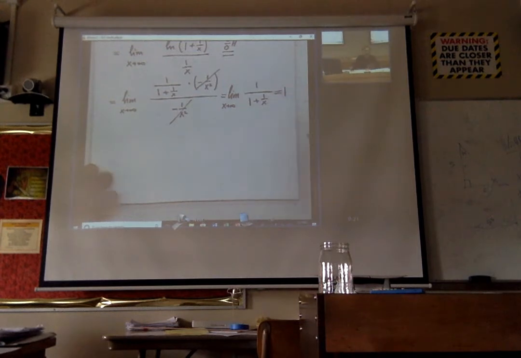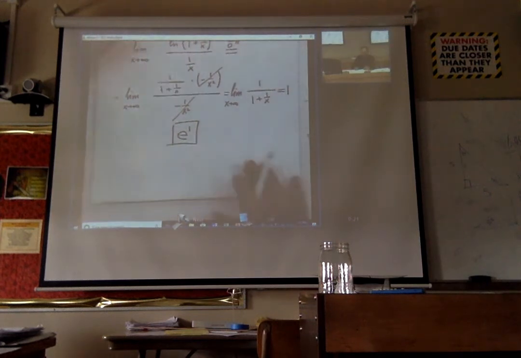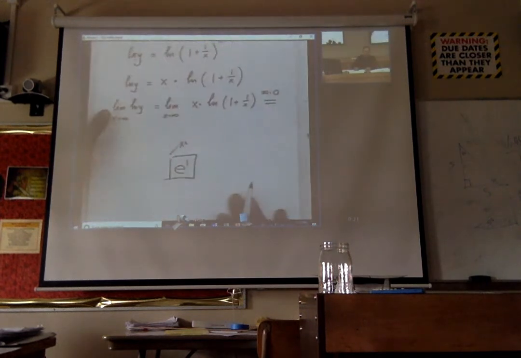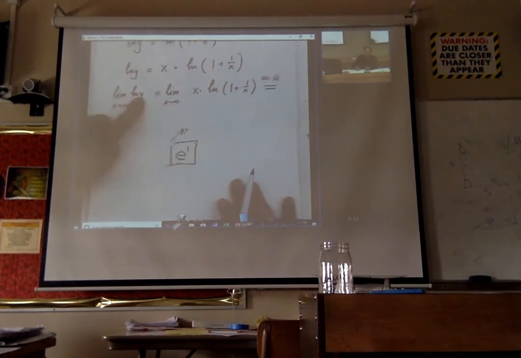But now we're going to rethink the concept, because the answer is not 1, right? What's the answer? E to the first power, which is just E. So it's not true all the time, okay? So the answer is E. Now, do you understand why we have E? Because remember, at the beginning of the question, it says limit of natural log of y.